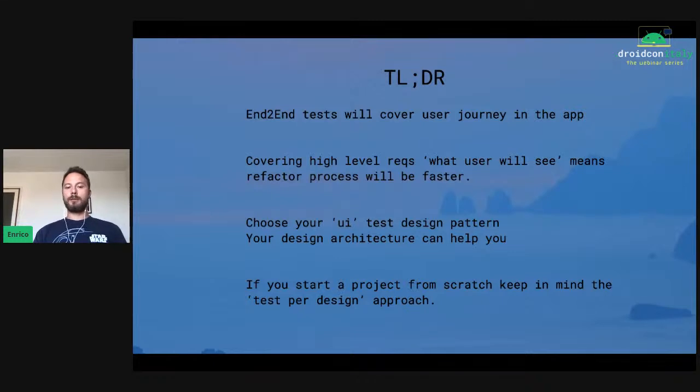And if you start a project from scratch, just keep in mind the test by design approach. So what I said before, using an MVI. Of course, different patterns have different pros and cons, but the MVI gives you an end to test your feature.